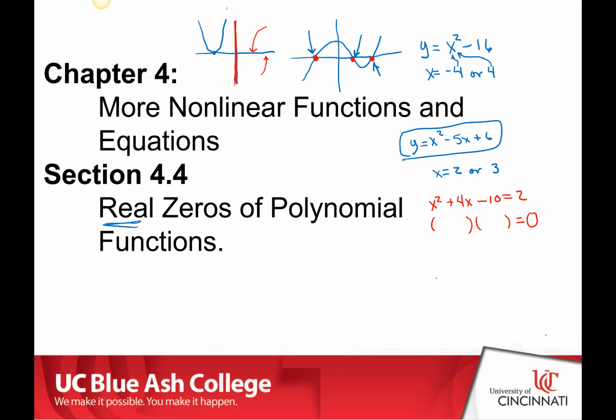So the reason we focus on roots, where it hits the x-axis, is because we want to solve for where it's equal to 0, because that's an easier place to solve. Does that make sense to everybody? So that's why we're even looking at zeros of polynomials or zeros of anything.